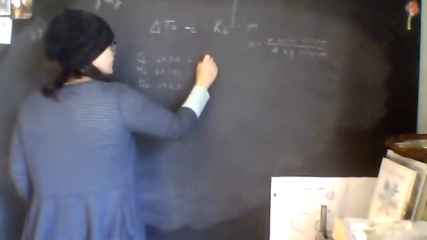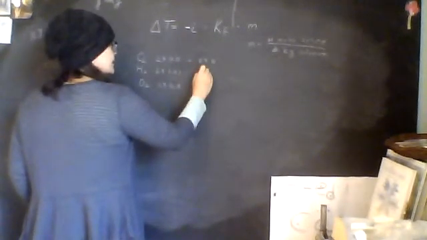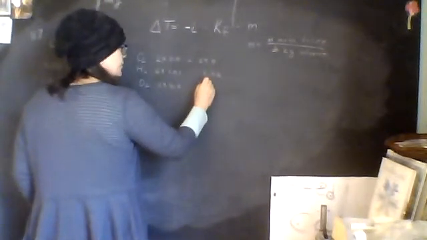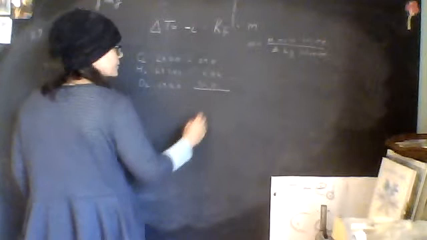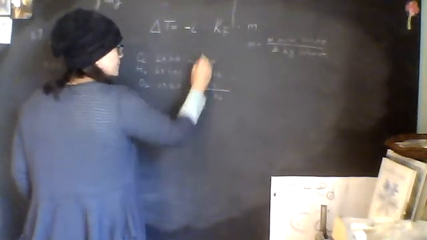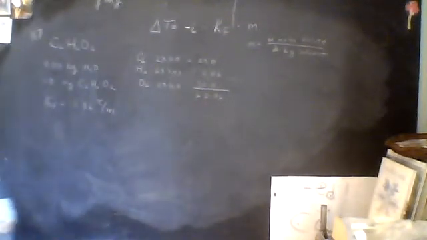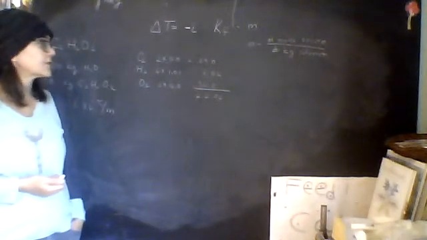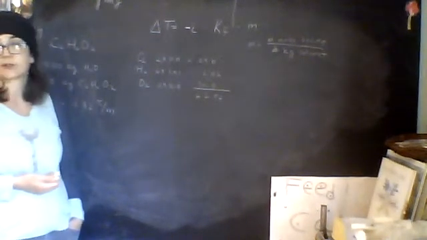We've got 24.0 plus 6.06 plus 32.0, which is 62.06.